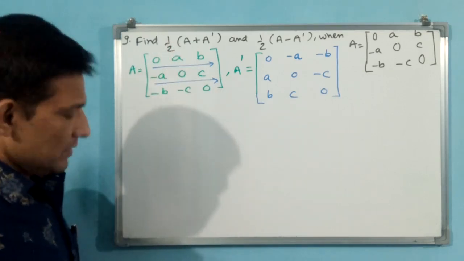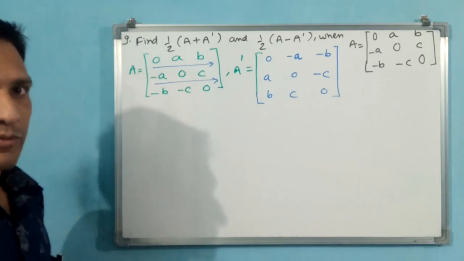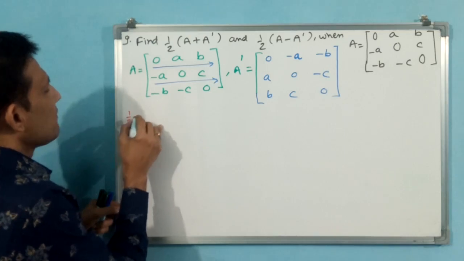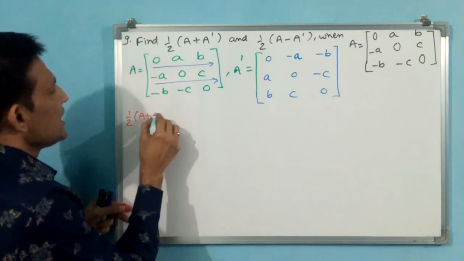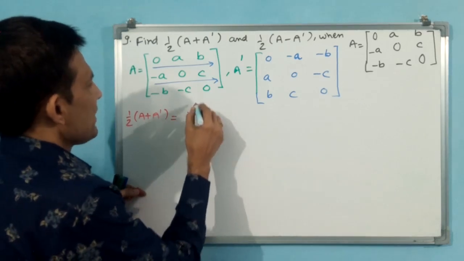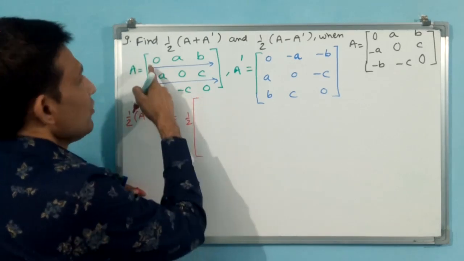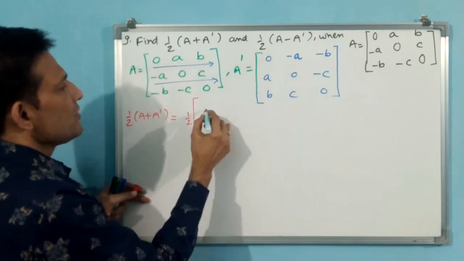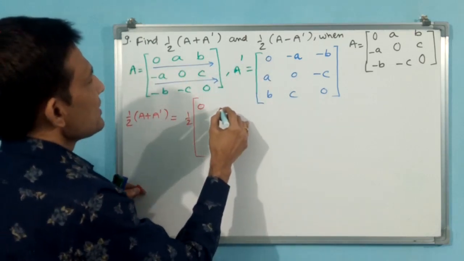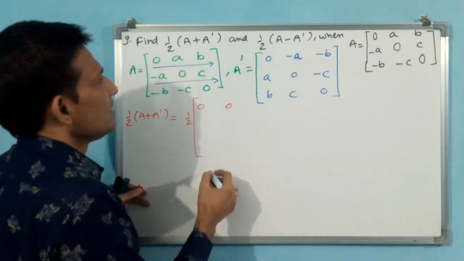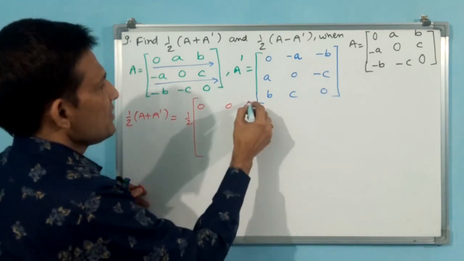Half of A plus A transpose we have to do. See how I am doing, you see. Half of A plus A transpose is equal to, okay, half you keep like that only, but you do the remaining. You see, add this one. Why? Because A plus A transpose: 0 plus 0, 0. a plus minus a, 0. b plus minus b, 0.